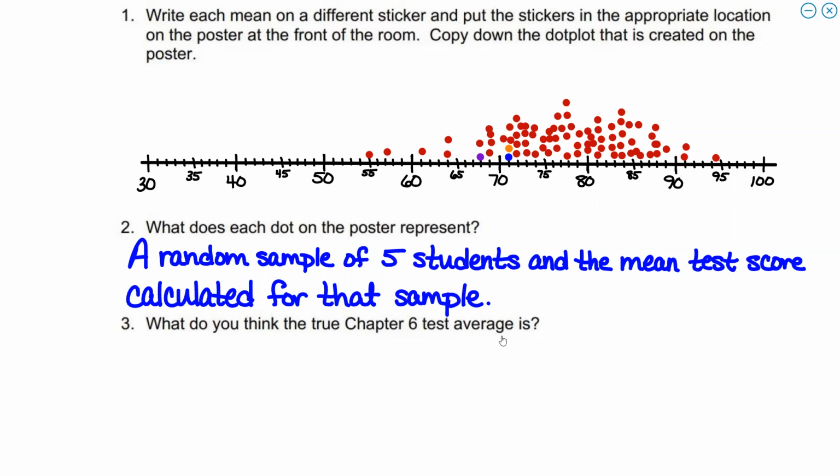Probably closer to the 80. So tell me about where to draw this. Give me a number. I heard 82. So right here, this is our guess for mu.